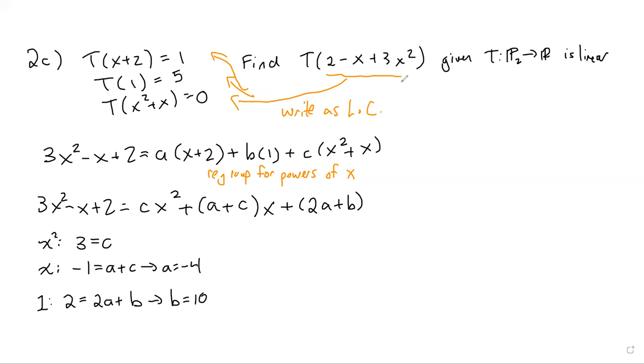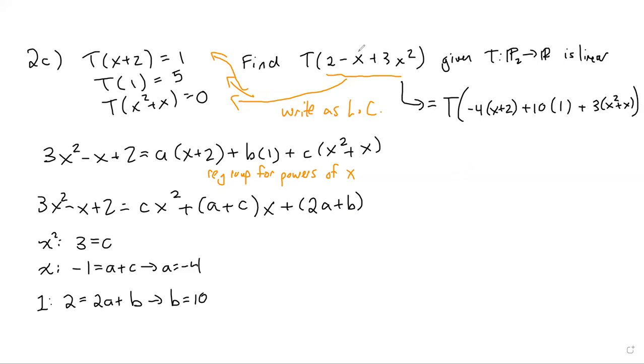And so this is going to allow me to rewrite this thing as T of -4 times the first one, plus 10 times the second, and then plus 3 times the quadratic.